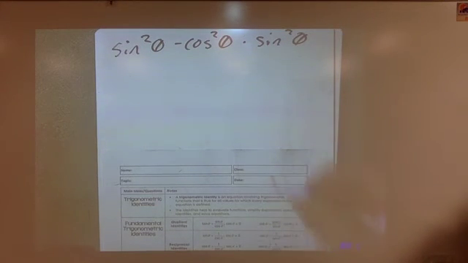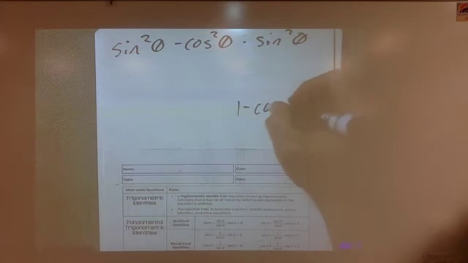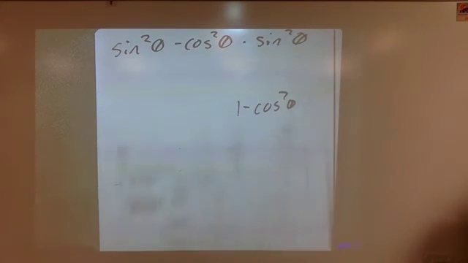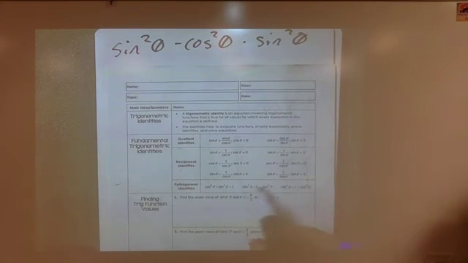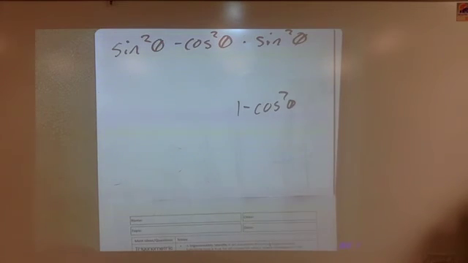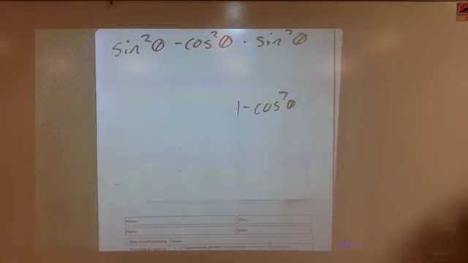Sine squared theta is equal to 1 minus cosine squared theta by this right here, subtracting cosine to the other side. So you could say that's probably not going to be helpful. Now you're going to be multiplying two things together that both have a minus sign in it. I don't see how that is very helpful.